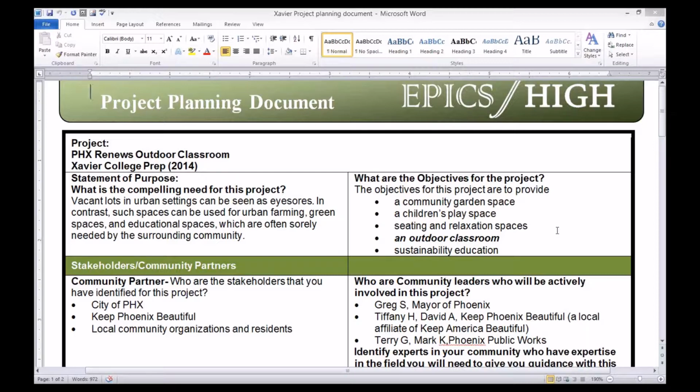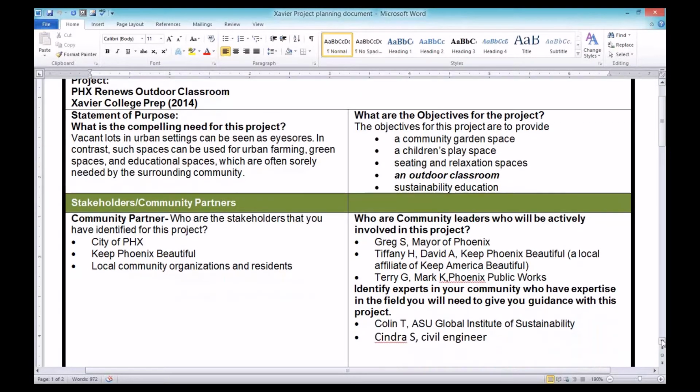Those are 3 pieces they've done, but the objectives can be bigger. So think big, plan small. Does that make sense? You're thinking little, but you have an overarching idea.